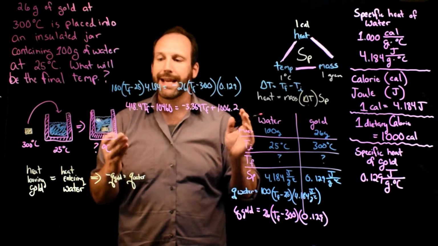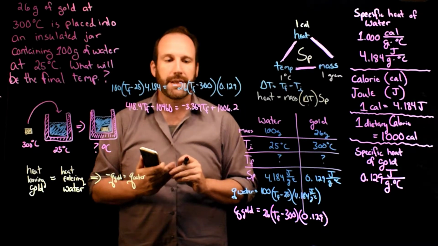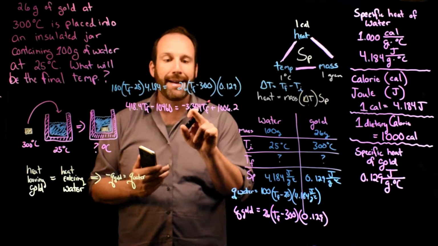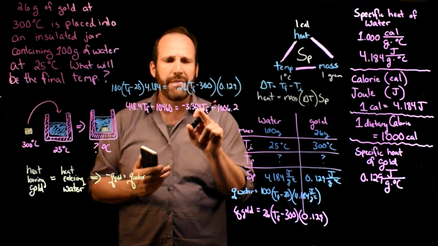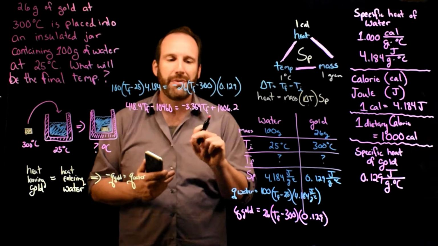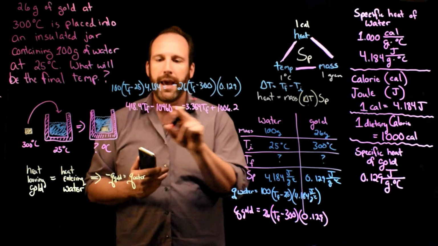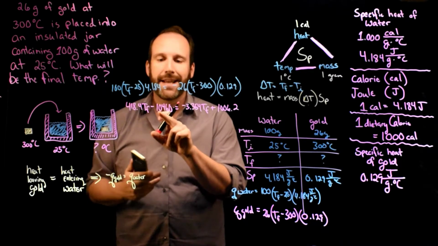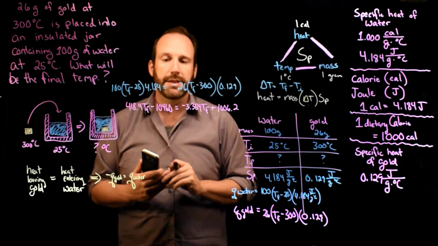So now let's get that all on the same side. What I'm going to do here is add negative 3.354 to both sides of the equation. Or I'm going to subtract negative 3.354 from both sides of the equation, and then I'm going to add 10,460 to both sides of the equation.